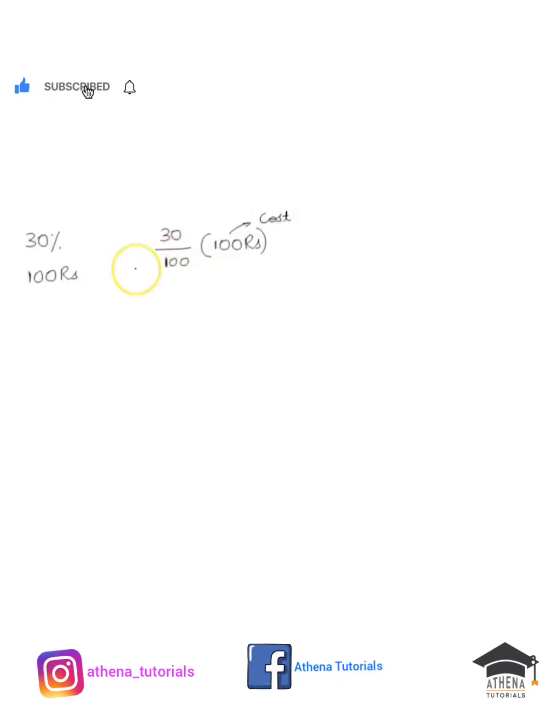How did I get this? Earlier I mentioned percent means per 100. Here they have given 30%, which means 30 into 1 by 100, which will be 30 by 100. The same is written here.